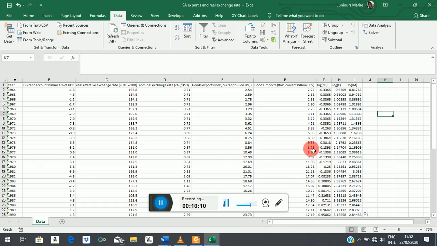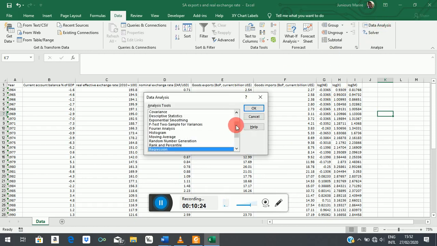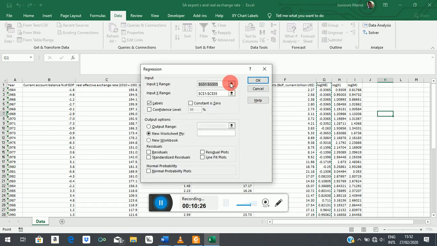Now the question wants you to estimate the exports nominal exchange rate relationship, and the imports nominal exchange rate relationship. So now let's come to data, regression.